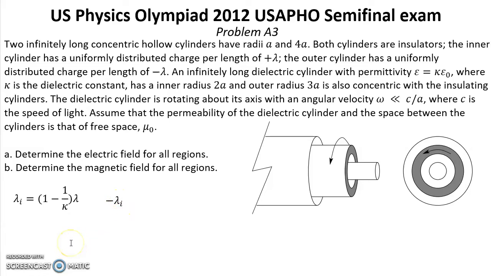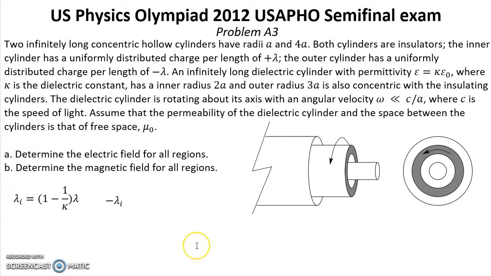When we rotate this dielectric with the angular speed omega, we will get a kind of solenoid. Due to symmetry, we can expect that the magnetic field outside of this dielectric will be 0, and inside, at radius less than 2a, will be 0 again, and that it will go parallel to this cylinder inside of the dielectric, between radii 2a and 3a.